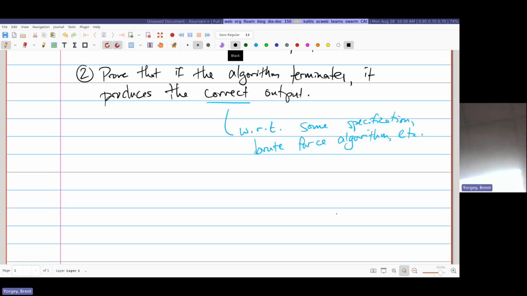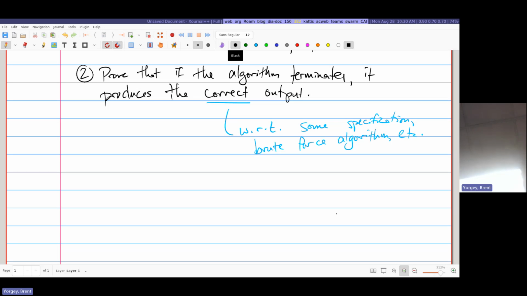So we're going to start with the easier one. Which do you think would be easier to prove something about, the iterative version or the recursive version? Let's vote.